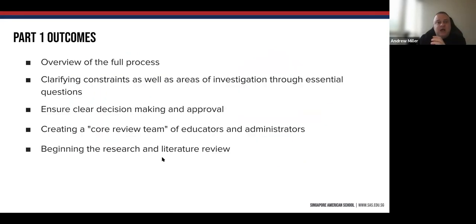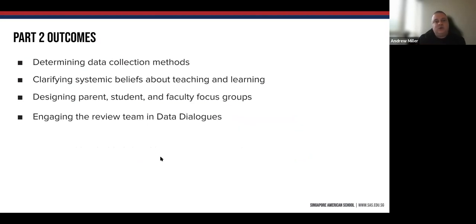So those were our part 1 outcomes. Again, we're really to overview that process and to talk about constraints and decision-making and all those things and creating that core review team. And then again, doing that research. Our outcomes this time are really focused in on data.